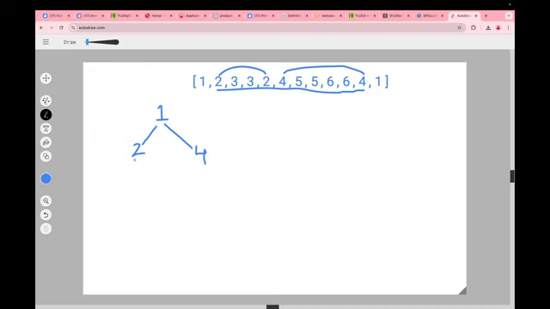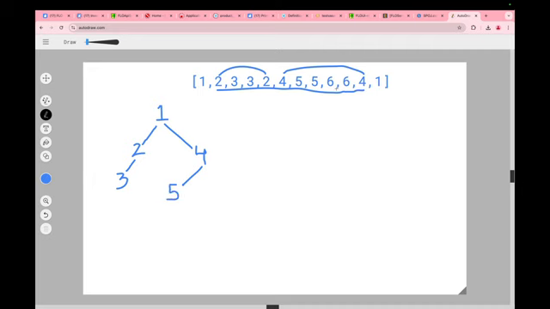So we can understand that 3 is a child of 2, right? Again, this 5 is directly wrapped under 4 and there is no element between 5. It means 5 is a leaf. Who is the parent of 5? 4.